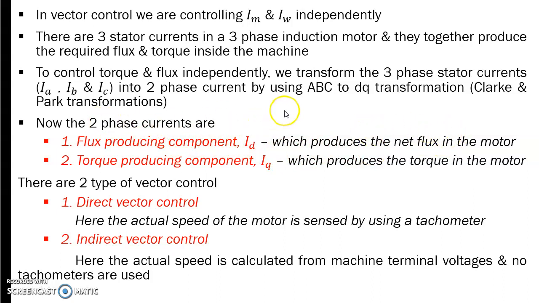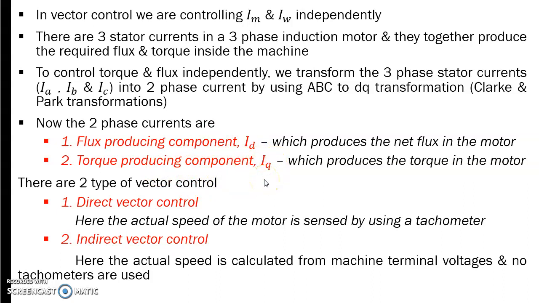When you convert the three-phase stator current into two-phase DQ components, the first component, ID, is the flux producing component, and the second component, the quadrature component IQ, is the torque producing component, which produces the torque in the motor.